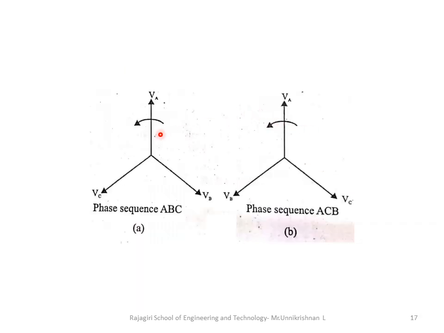Now in this figure, we have the same direction of rotation, anti-clockwise, but we are getting two different phase sequences. The first one is ABC phase sequence and the second one is ACB.